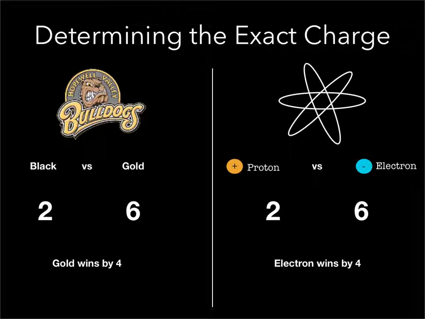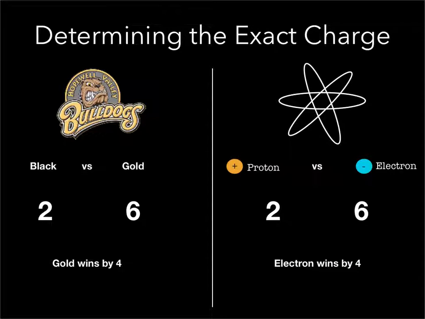In another example, what if the black team now scored 2 points at the end of the game and the gold team scored 6 points? You can say that the gold team wins the game by 4, right? Now looking at that from an atom's perspective, if you're taking score of the protons and the electrons and you find that you have 2 protons and you have 6 electrons, you can make the same assumption, but now the electrons are winning by 4.